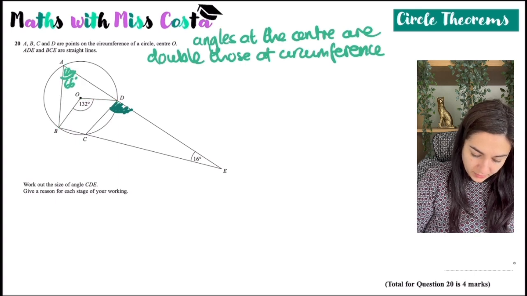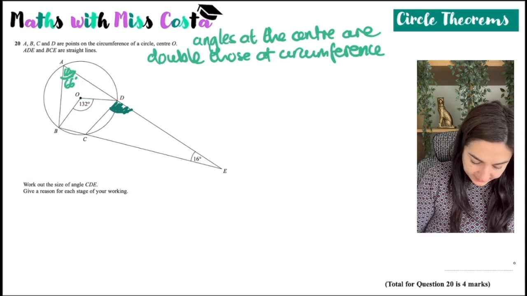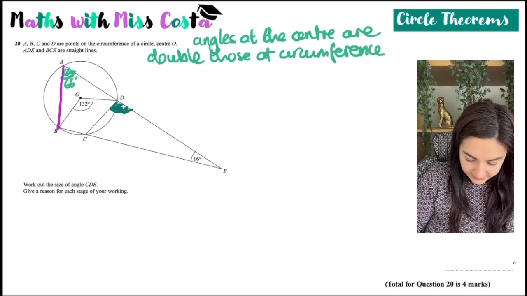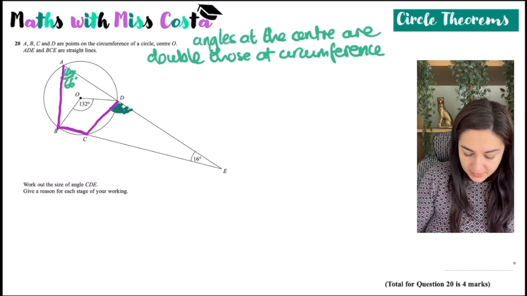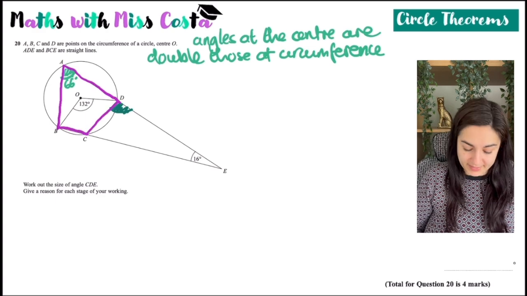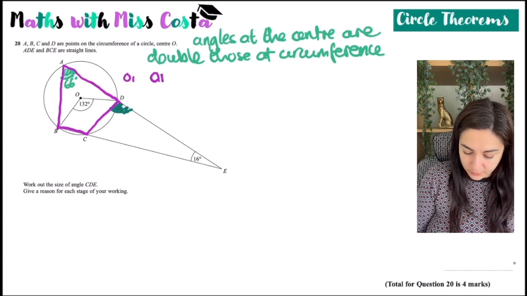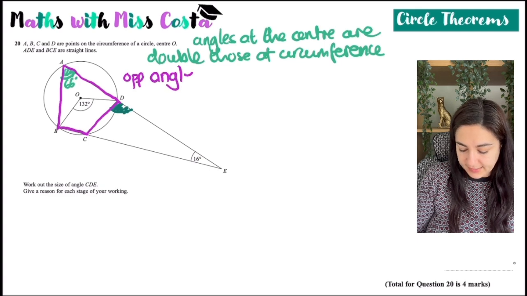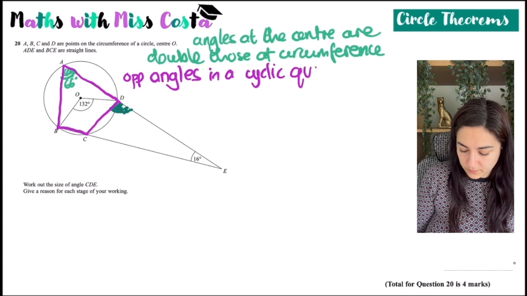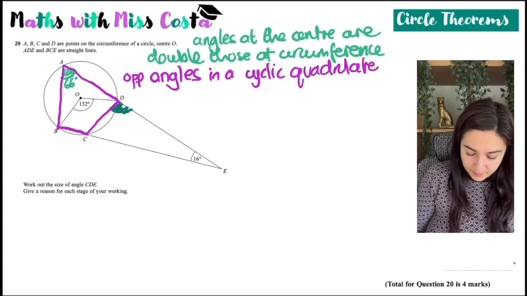Next, we know over here, this is a quadrilateral. And because all 4 of its vertices are touching the circumference, it's a cyclic quadrilateral. And I know that opposite angles in a cyclic quadrilateral sum to 180 degrees.